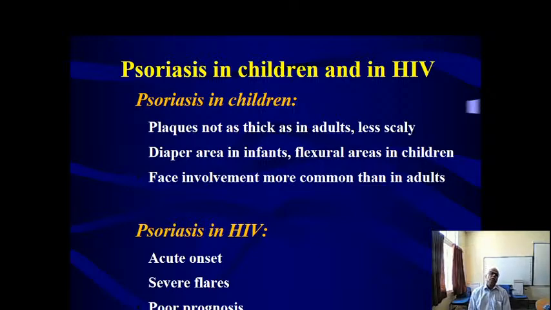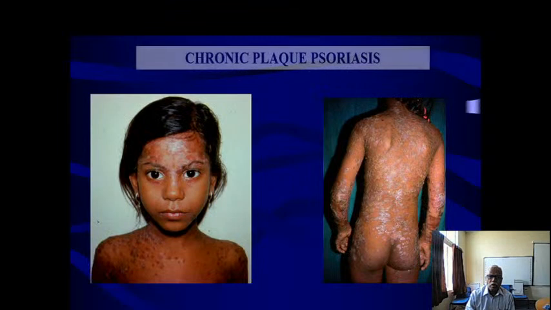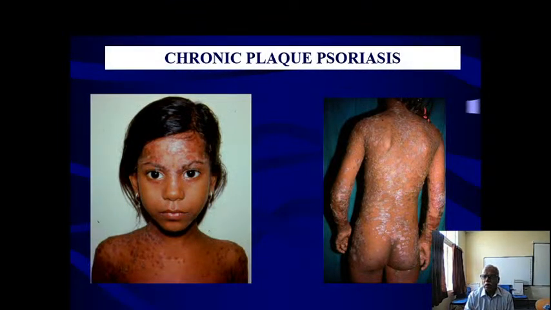Usually in adults, there is no involvement of the face except the corona psoriatica, but face involvement is commonly seen in children. Then we have psoriasis in HIV. It's acute onset, severe flares will be there, prognosis is very poor. So psoriasis in children, and the second picture is psoriasis in an HIV patient.